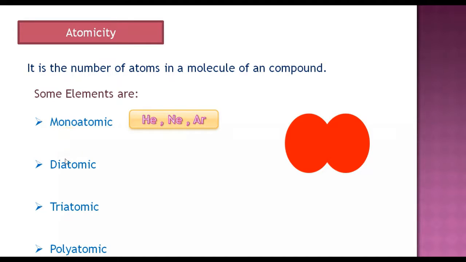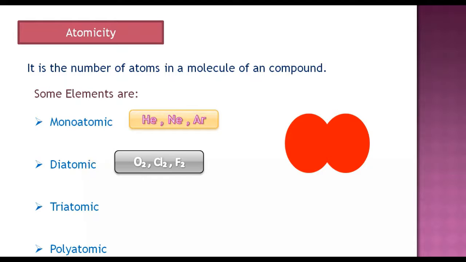Diatomic means where two atoms have combined to form a molecule. Like in the case of oxygen, two atoms of oxygen combine to form an oxygen molecule. Two atoms of chlorine combine to form a chlorine molecule. Two atoms of fluorine combine to form a fluorine molecule. So that means in one molecule, two atoms have been combined.